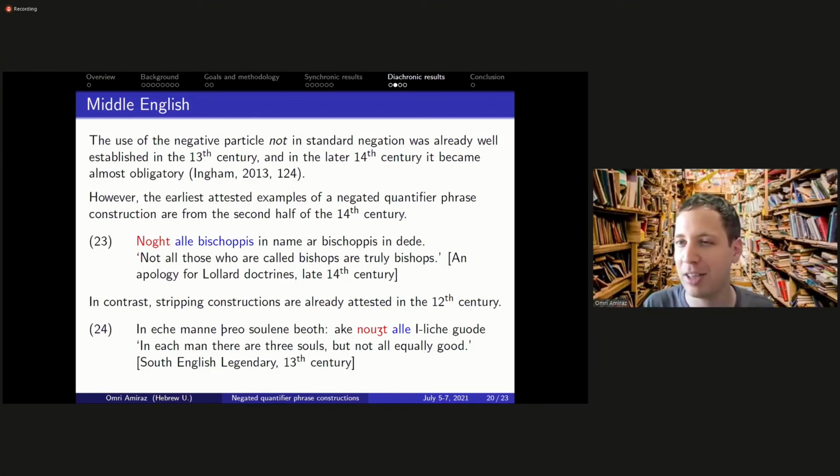You also have it in English. It's not super common, but it's also possible in English. And there are languages where you use VS word order and say something like not eats everyone mango. So those are the most common strategies that languages use. Thank you.